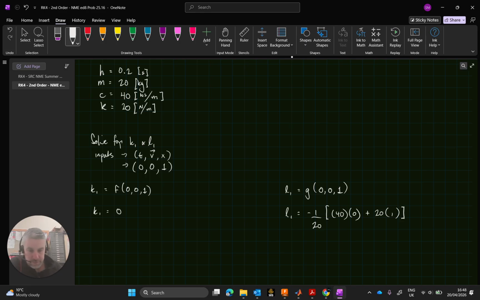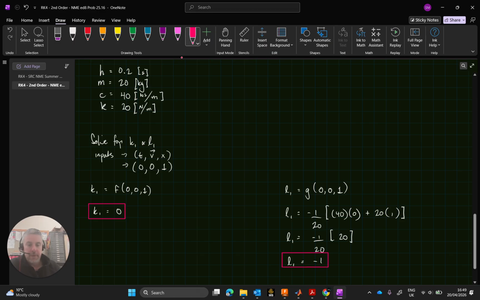So therefore, L1 is equal to minus 1 over 20 multiplied by 40 by 0 is 0, plus 20 by 1 is 20, which leaves that L1 reduces down to minus 1. So K1, let me put these in a slightly lighter shade of red, one might call dark pink. Okay. K1 and L1. Lovely.